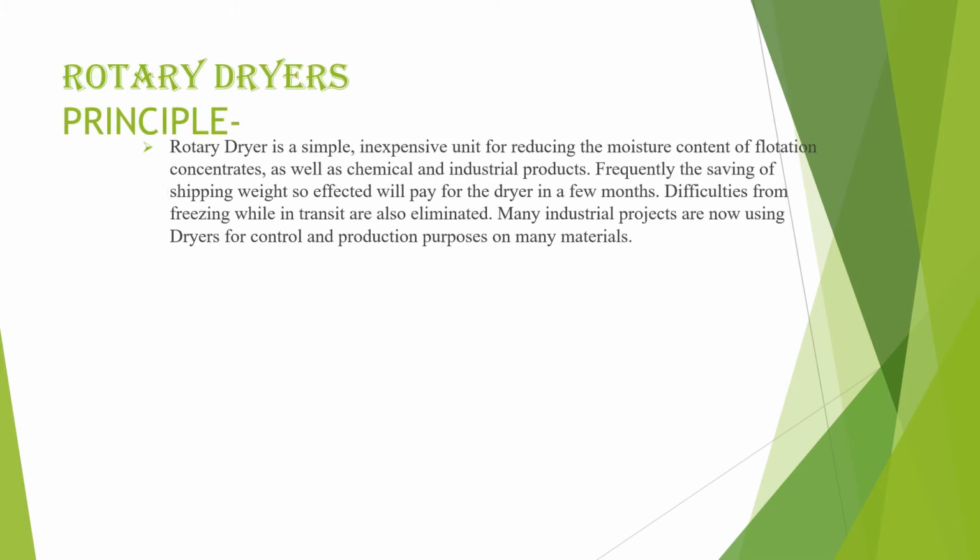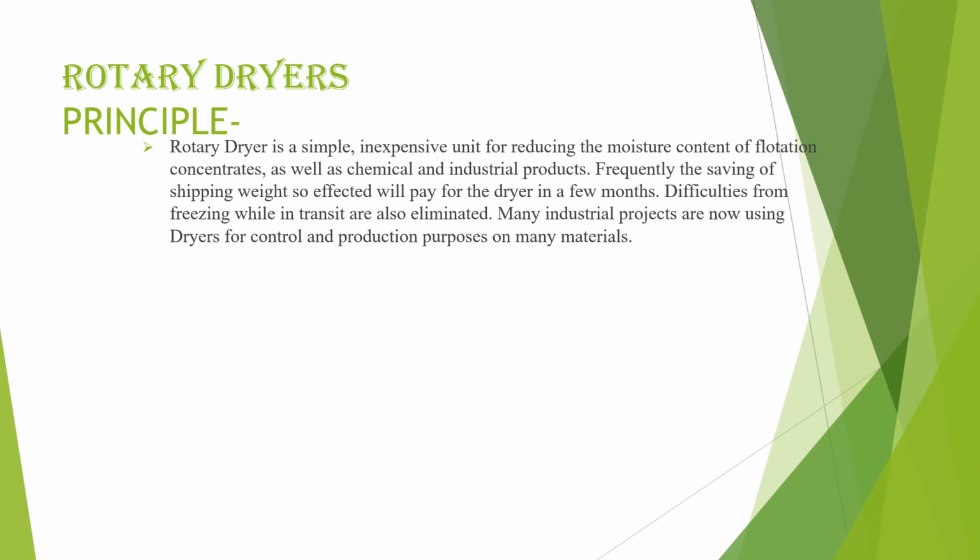Coming to the next, rotary dryers. First, its principle. It's a simple, inexpensive unit for reducing the moisture content of flotation concentrates as well as chemical and individual products, frequently saving shipping weight. The saving will pay for the dryer in a few months.